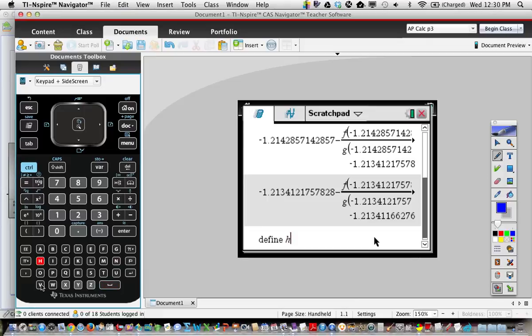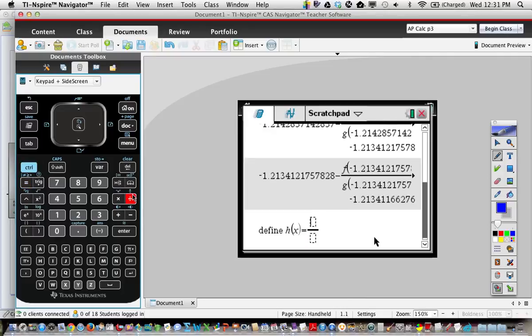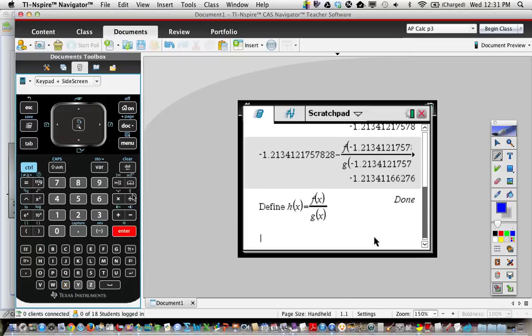Define h of x equals f of x divided by g of x. Okay. Go ahead.